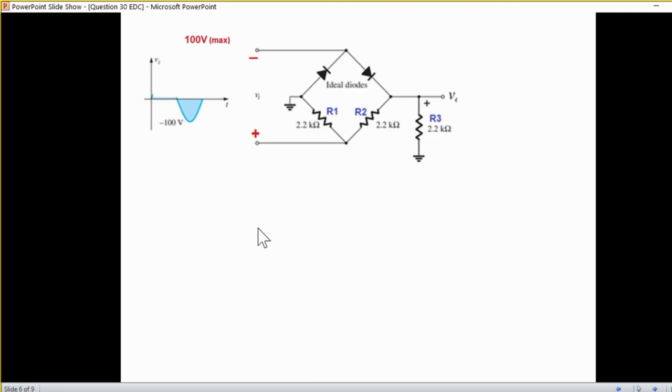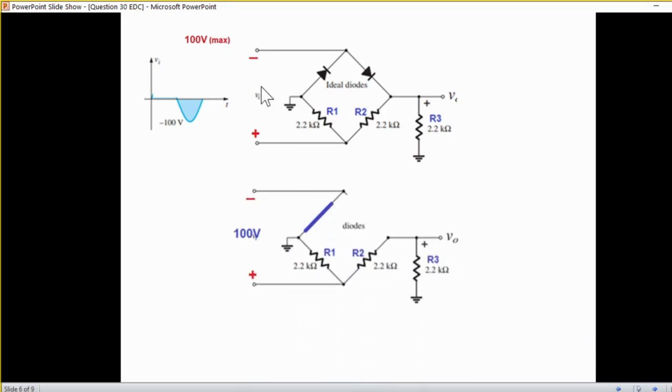And now we'll apply the second half, negative 100 volt. Mark the polarity accordingly, negative at the top and positive at the bottom now. And following the same technique, wherever the negative touches the negative of the diode, that diode will be forward biased.